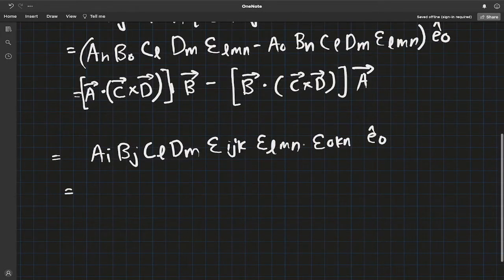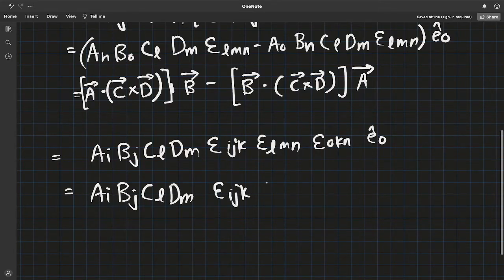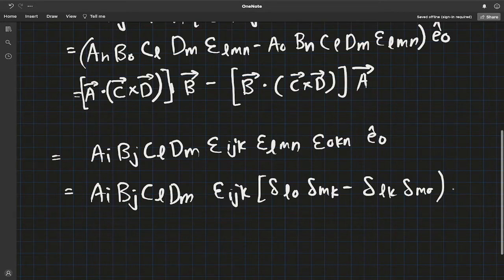Now again, Levi-Civita identity, because N is a common index. We will have delta LO delta MK minus delta LK delta MO e_o hat.